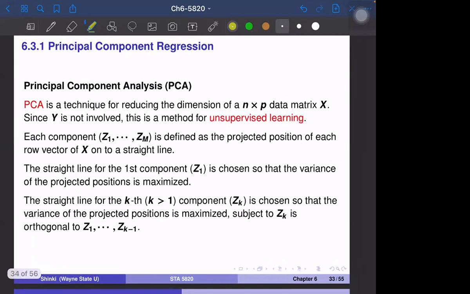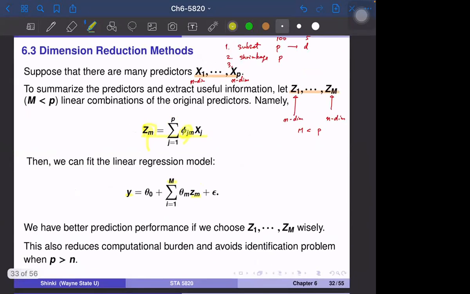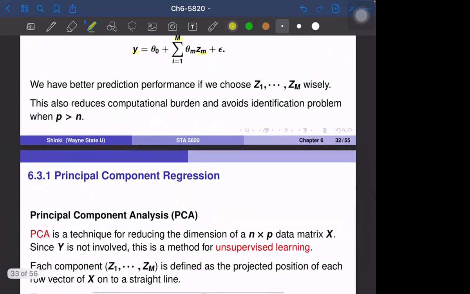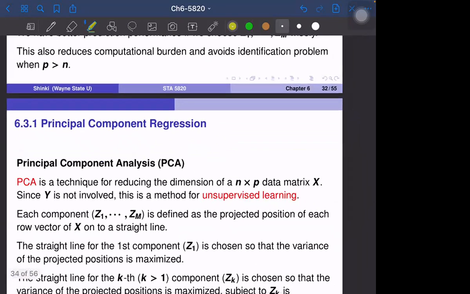And one method to choose the weights, these coefficients, phi sub jm, is principal component analysis, or called PCA.